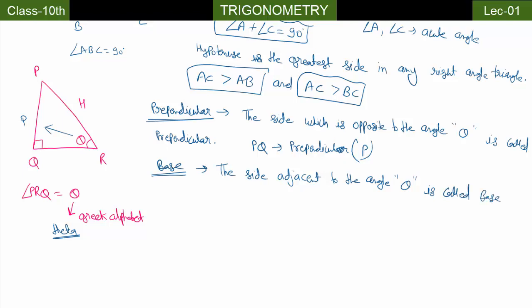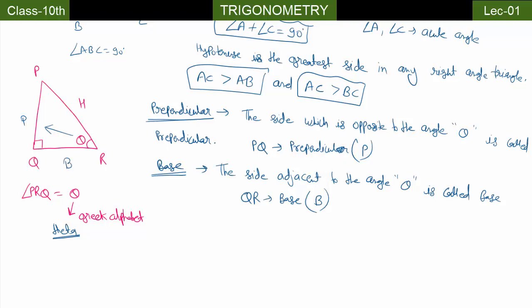Which side is adjacent to the angle theta? That is QR. So QR is my base, which is denoted by B. So this is hypotenuse, this is perpendicular, and this is base.